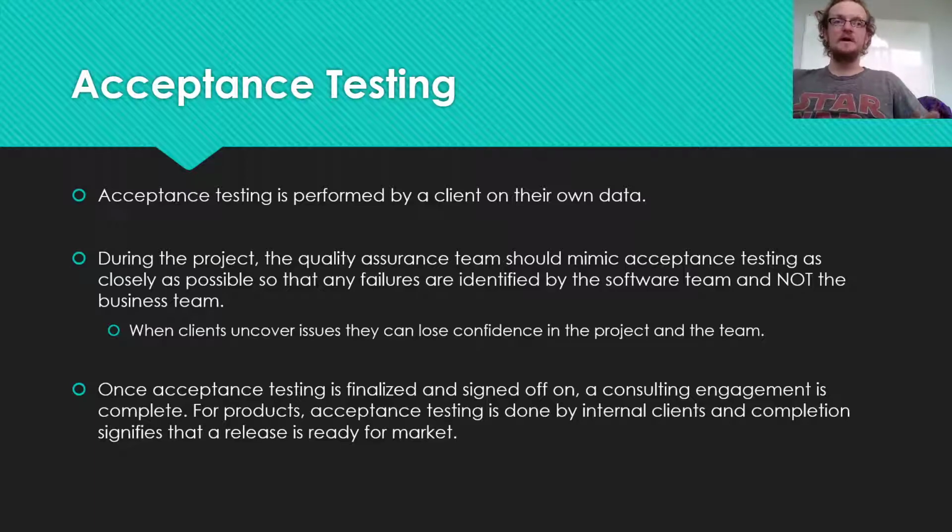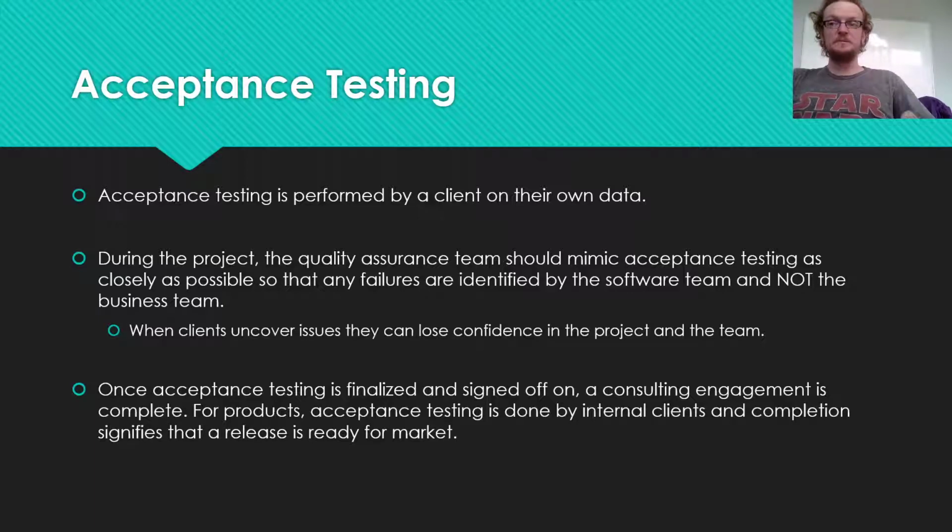In larger engagements, like you're going to build a banking app or something like that, a formal process happens where there's handover, and then at the end of acceptance testing, the business team either accepts or rejects.